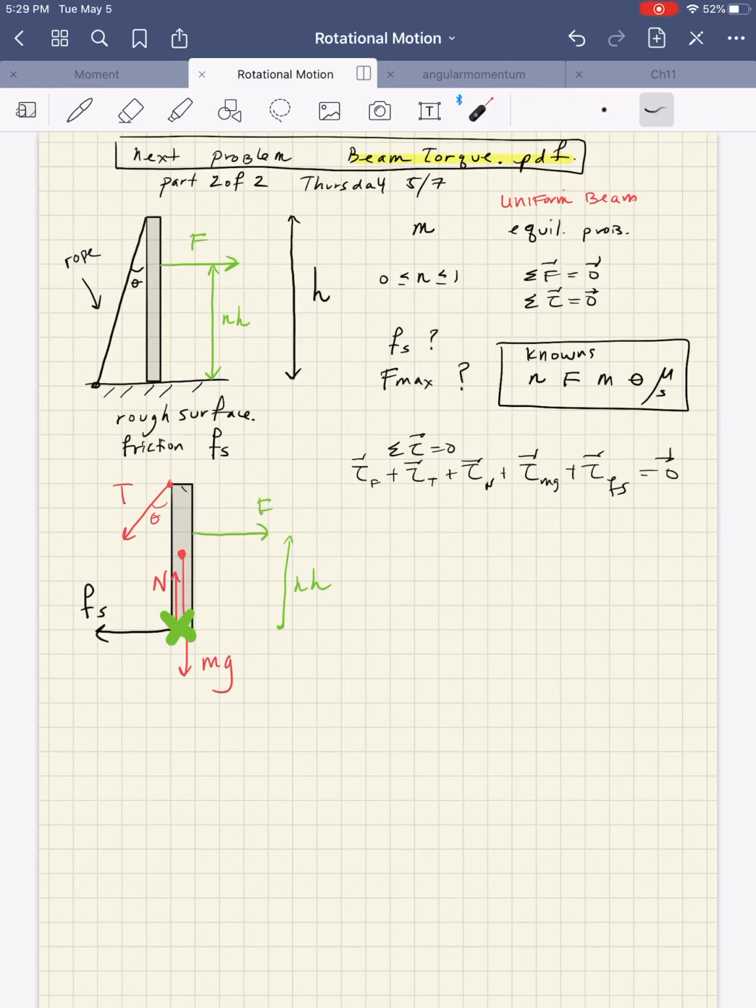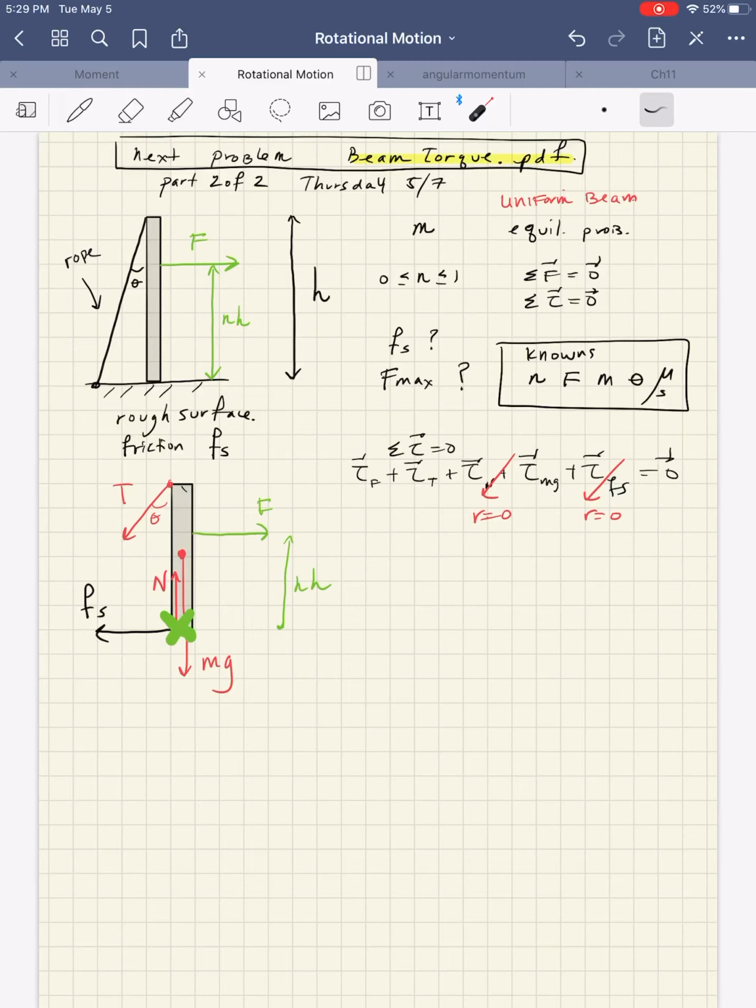If I place this in a proper location, I can right away say that the torque from normal and the friction force do not contribute at all because their r values are 0 based on my choice of the axis. That leaves 3 possible contributors for torques: gravity, force F, and tension.